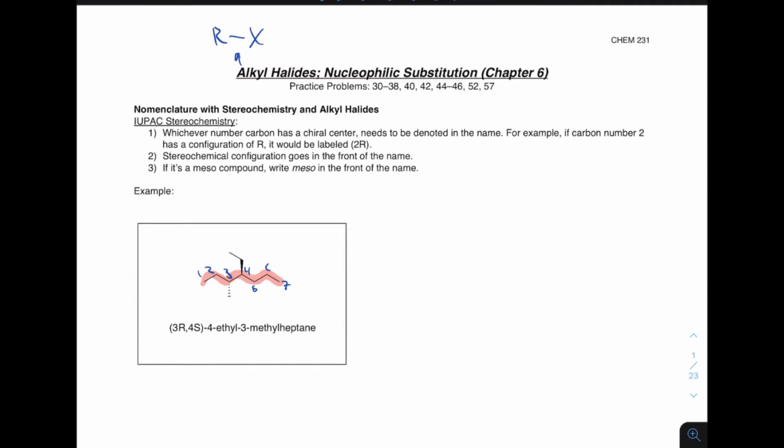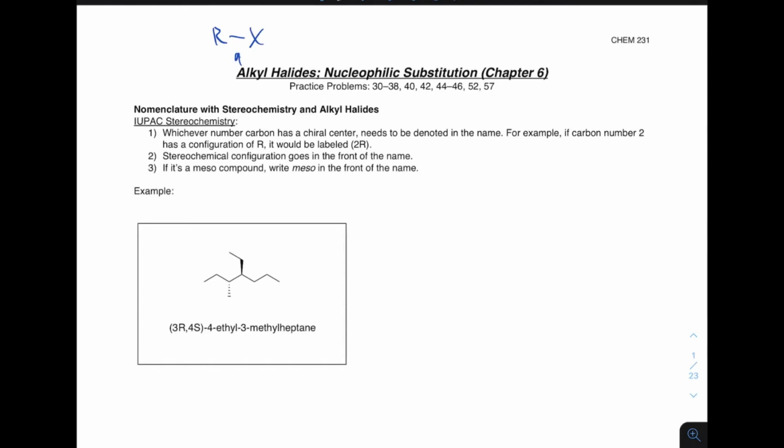So now we have this additional complexity: because we have a chiral center, we need to denote what the configuration of the chiral center is. I'm going to erase some of these numbers so we're not clogging up the screen.